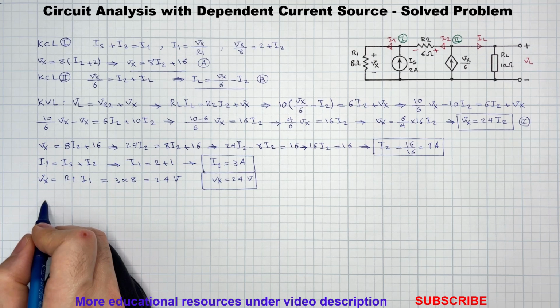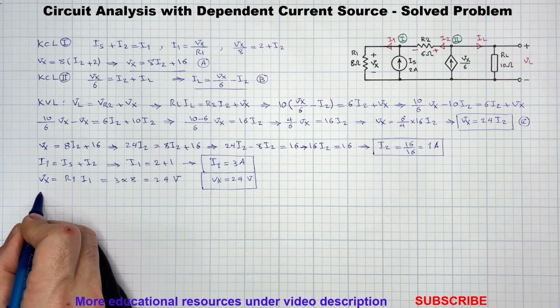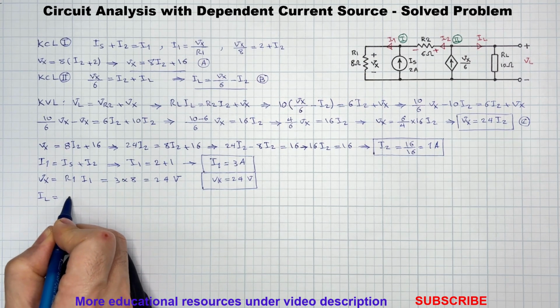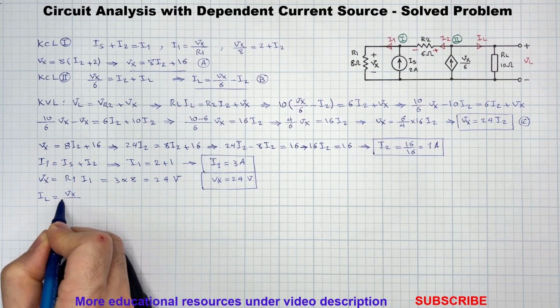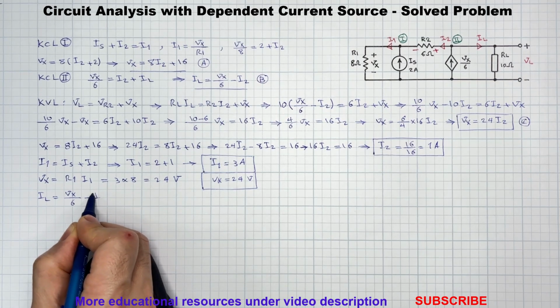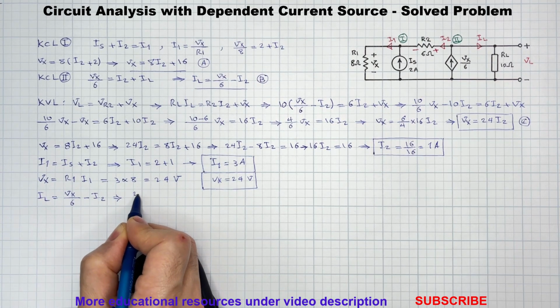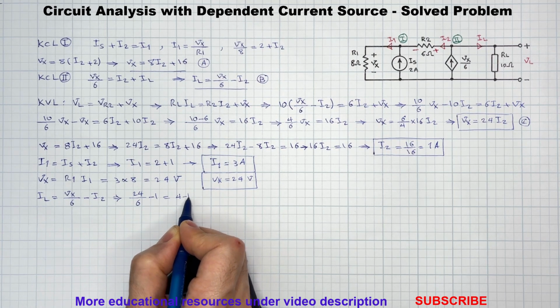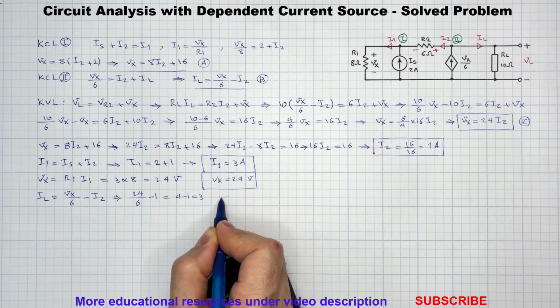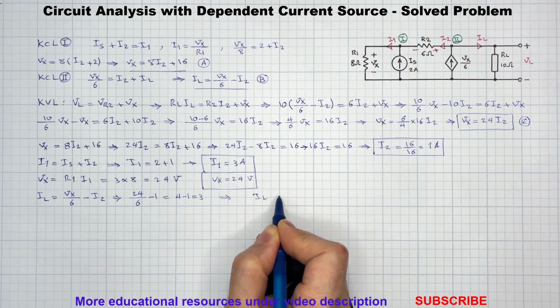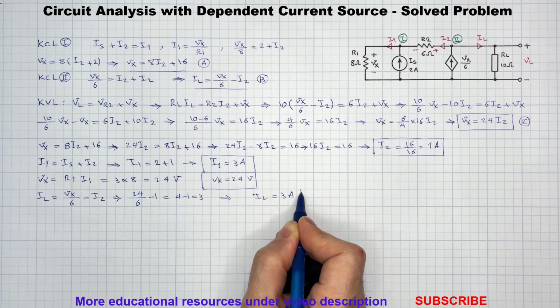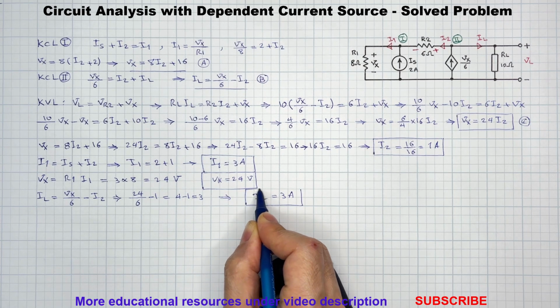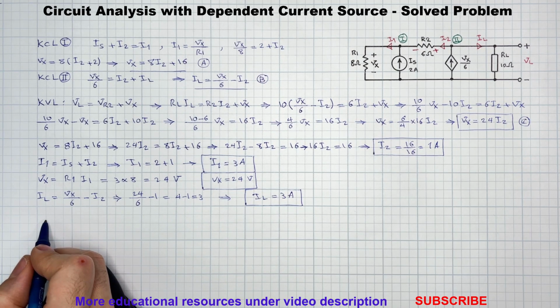And from the equation B, we can calculate the current flowing through the load resistor RL. And again, by Ohm's law, we can find the voltage across the resistor RL.